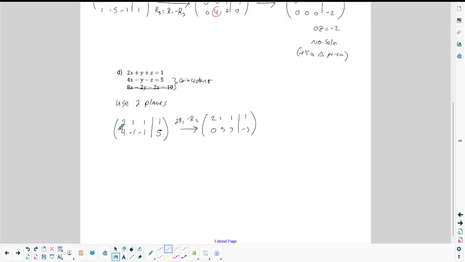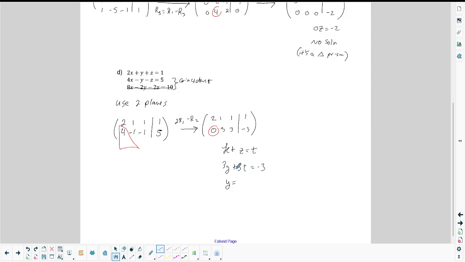Now, there's no triangle to make, that special triangle. So all you can do is hope to get this 0, and that's all you can do. So what we do at this point is we're not really getting a solution again. So what we can just say is let z equal t. So if z equals t, that means 3y from this last equation plus 3t equals -3.